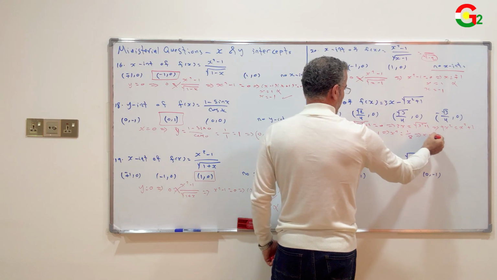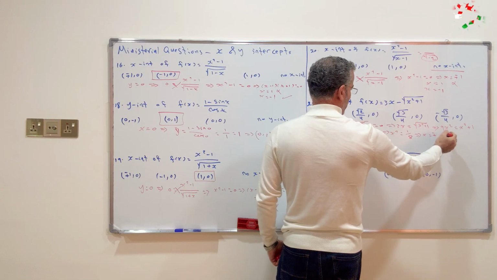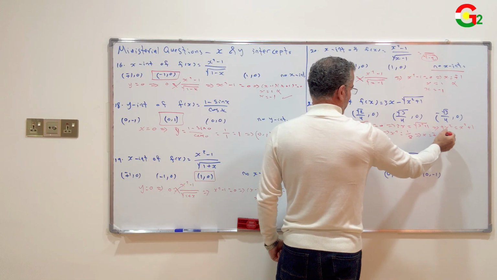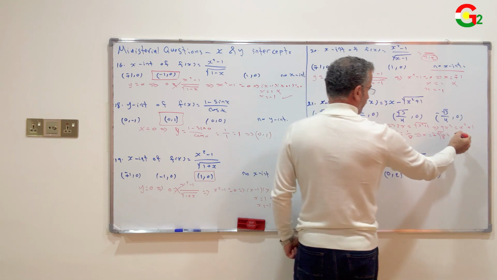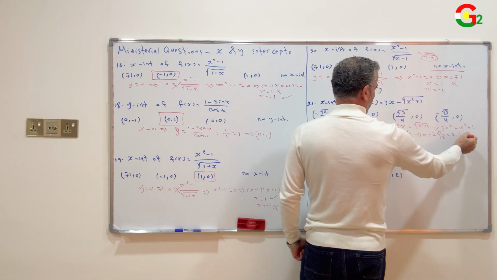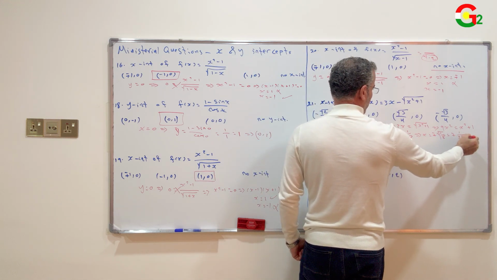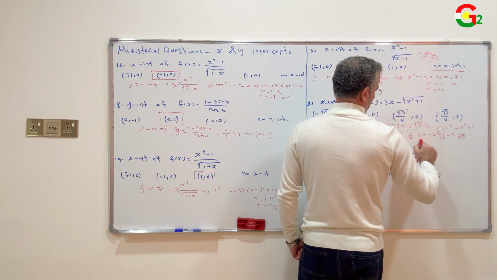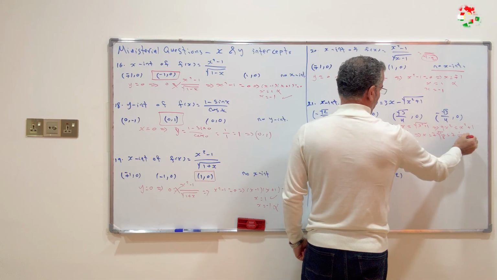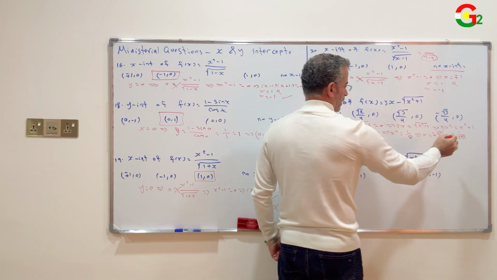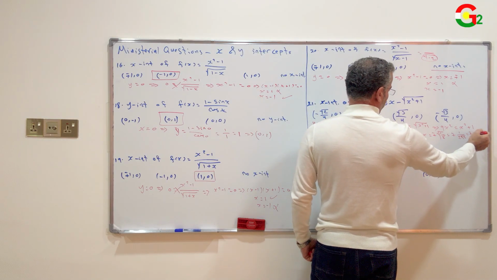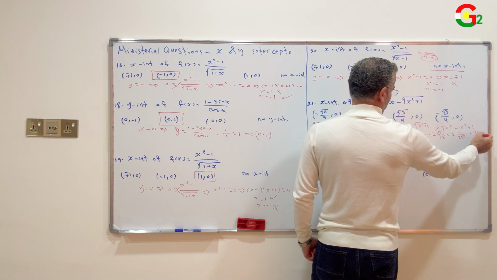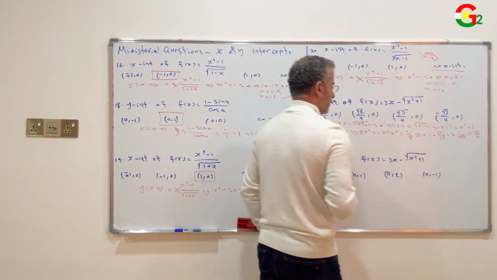Then x equals negative or positive sqrt(1/8), which equals negative or positive 1 over 2 sqrt(2). Multiply numerator and denominator by sqrt(2), and we get negative or positive sqrt(2)/4.